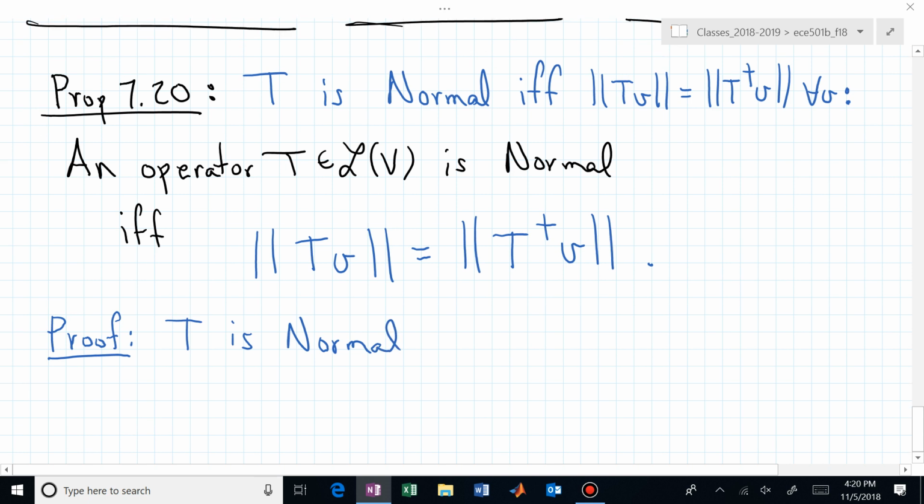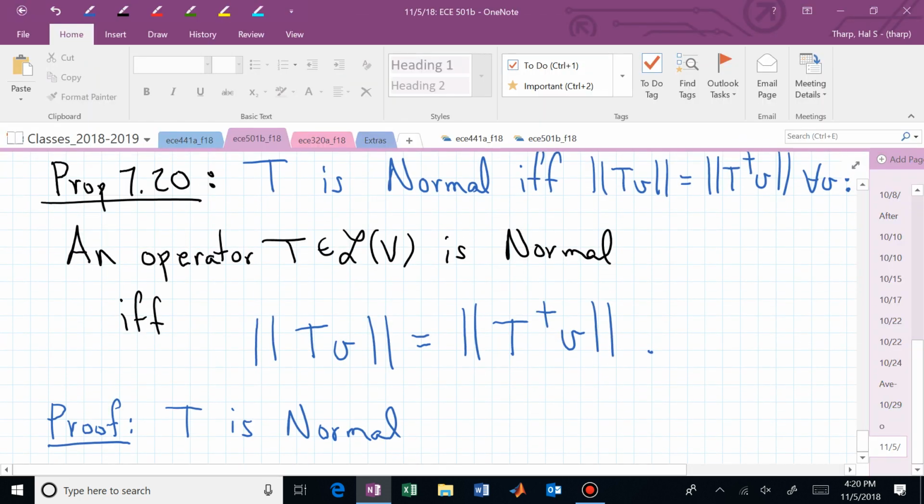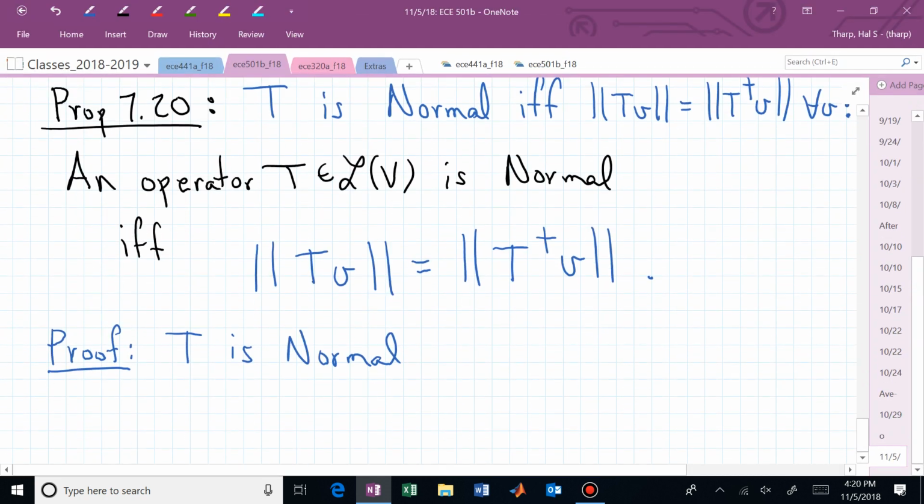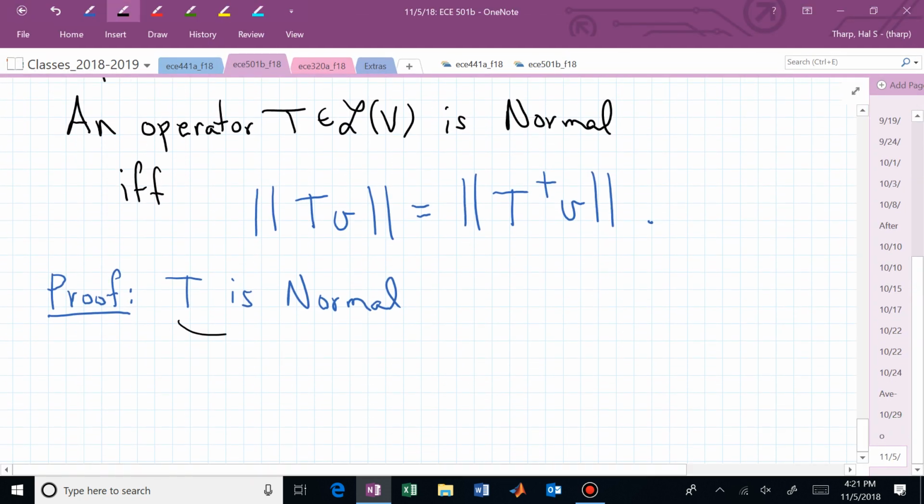And what does that mean? From before, T being normal said that T needed to commute with its adjoint. Or we could now say that T dagger T is equal to T T dagger.